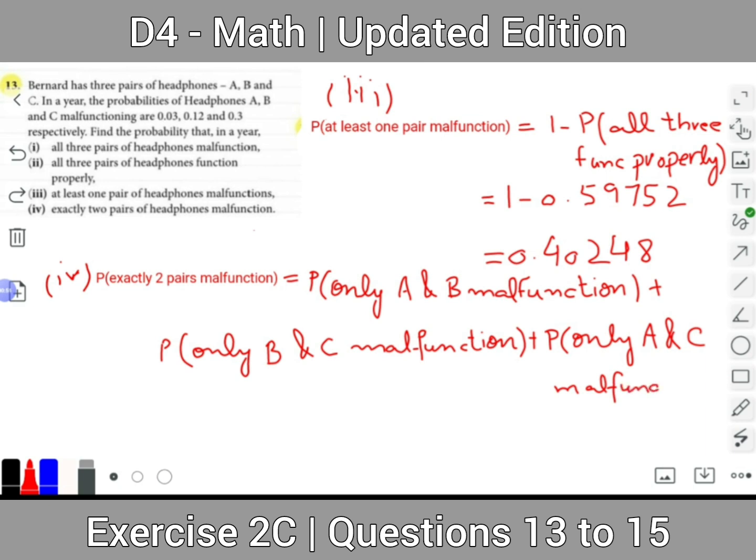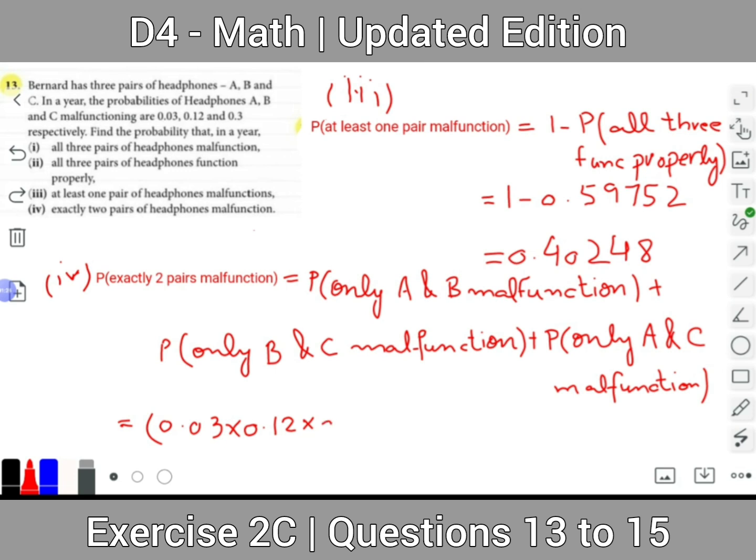Now we will apply the multiplication law of probabilities here. So the probability that A and B malfunction, so it means C functions properly. So the probability for only A and B malfunctioning: the probability for A malfunctioning is 0.03 multiplied by, for B, 0.12.